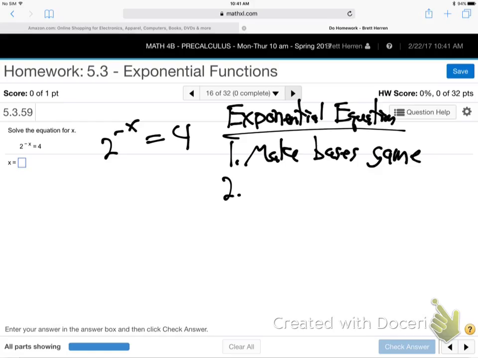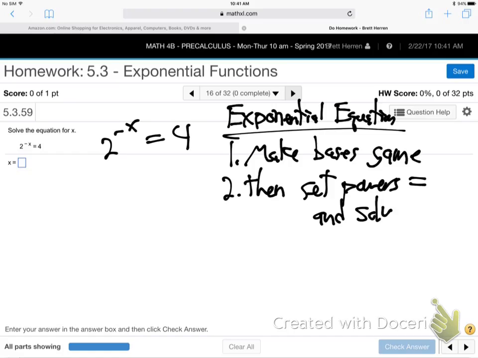And then set powers equal and solve. So the game plan is to make this 2 and that 4, the bases, be the same number.